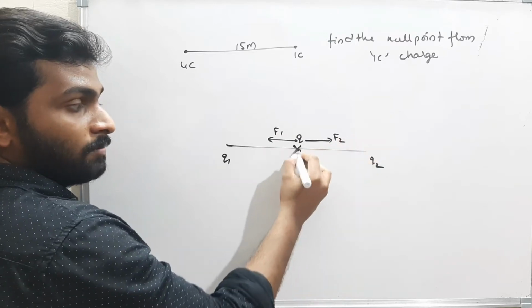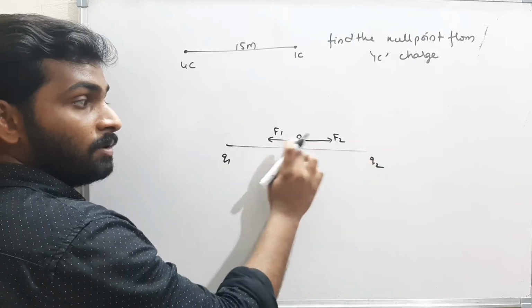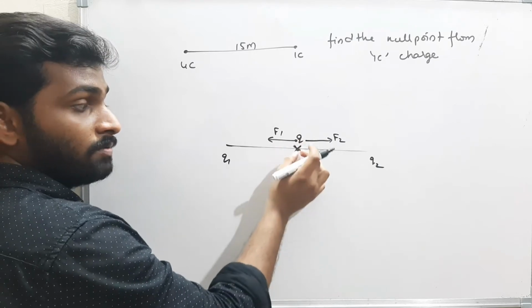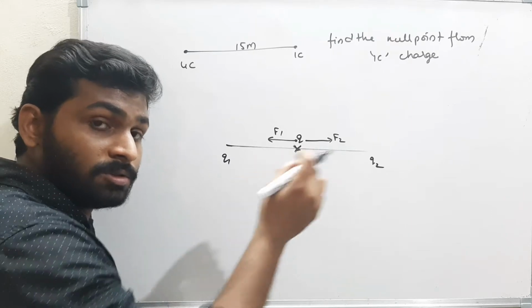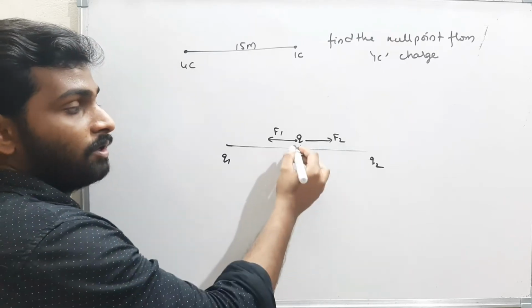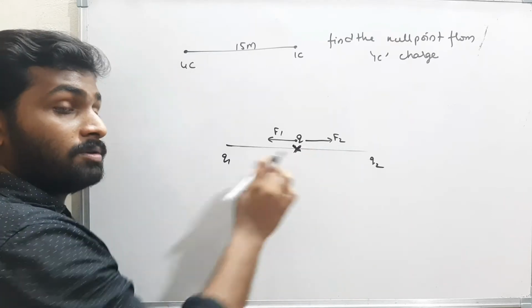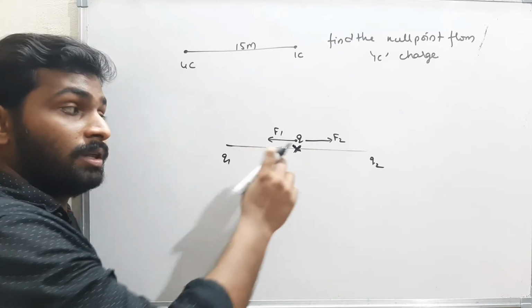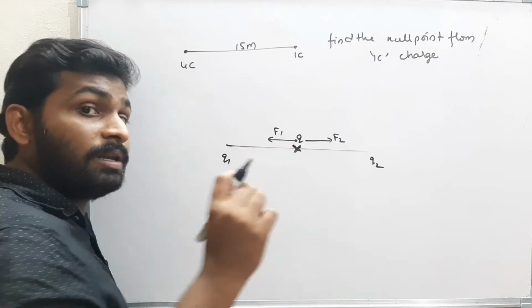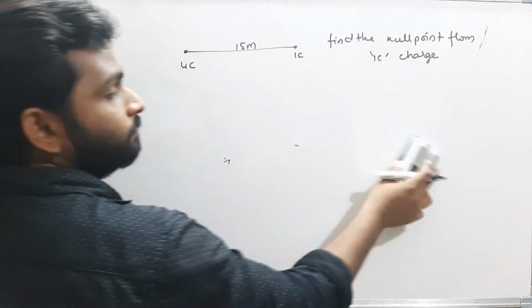At this point, the forces F1 and F2 will be the same. That means the net force is 0, so when I keep any charge, the charge won't move. If the net force is 0, the charge won't move. Therefore, that is nothing but the null point. Null point is the point where the net force is 0. That means the charge which I keep at the null point will be in equilibrium.